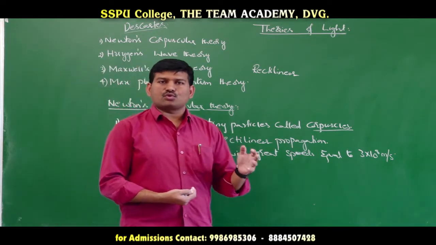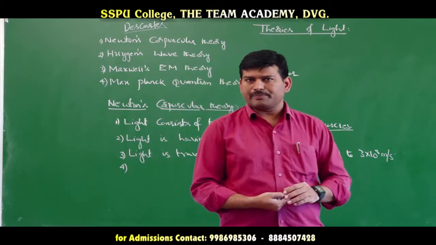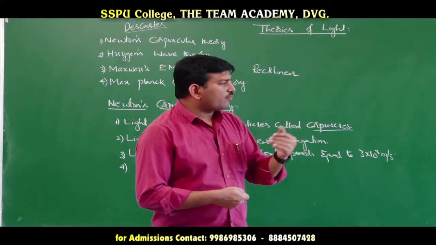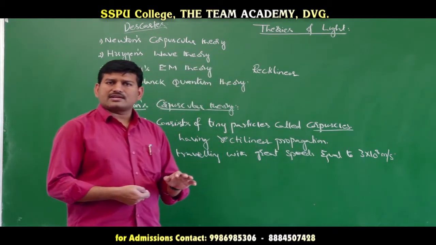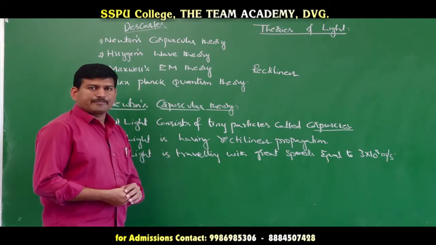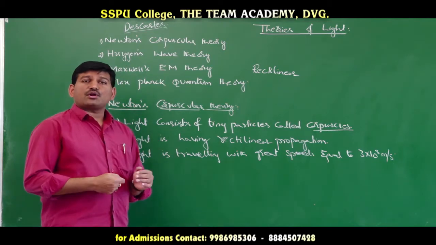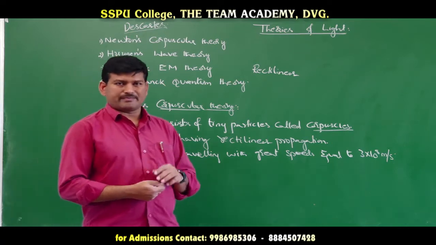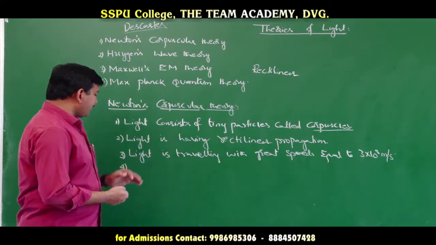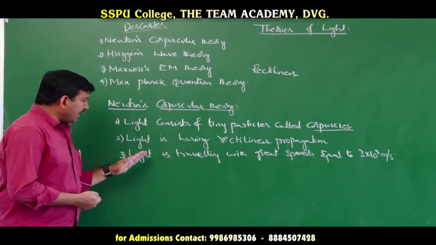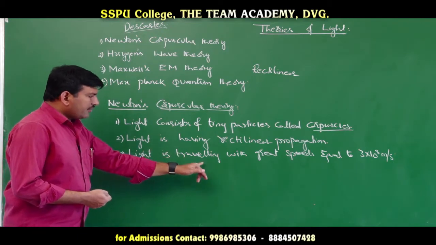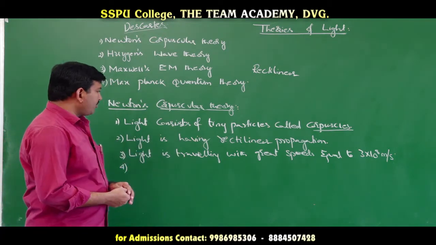Light can propagate through glass, so glass is an optical medium. The medium through which light cannot propagate is said to be an opaque medium. We will discuss them again later. But now, light propagates with a speed equal to 3 x 10^8 meter per second.